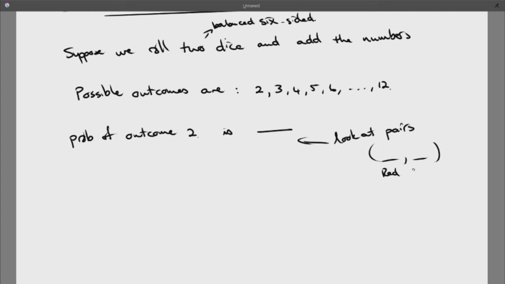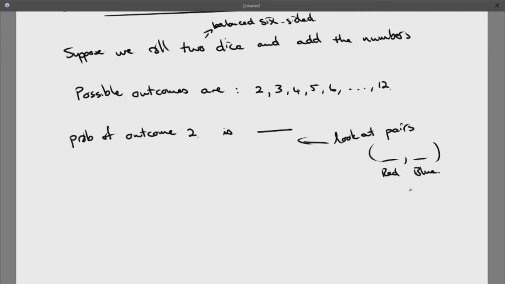Let's say one's red, one is blue. Because not all of those 2 to 12 numbers are equally likely. I can only calculate a probability if the outcomes are equally likely. But the pairs, if I actually look at the dice results, those are all equally likely.